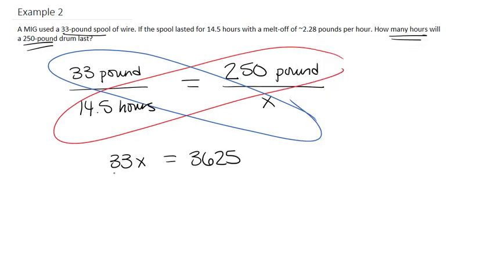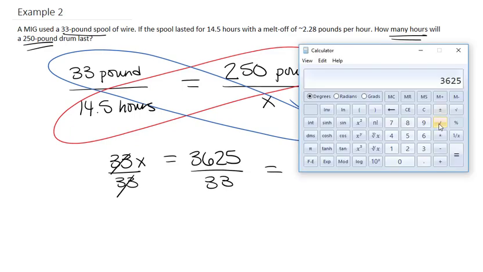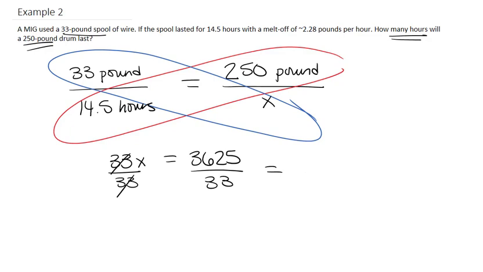Then we go ahead and just divide by 33 on both sides to get x by itself. And we get 109.85, as we're going to round to the nearest hundredth. So this is hours. So it will last almost 110 hours.